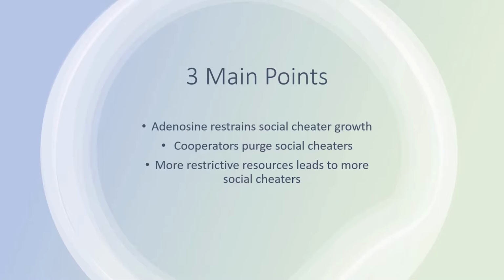The second being that cooperators will purge social cheaters in an environment where there are cooperators and social cheaters, that they'll push those social cheaters out, and that more restrictive resources lead to more social cheating. And I'll elaborate on these a little bit more.